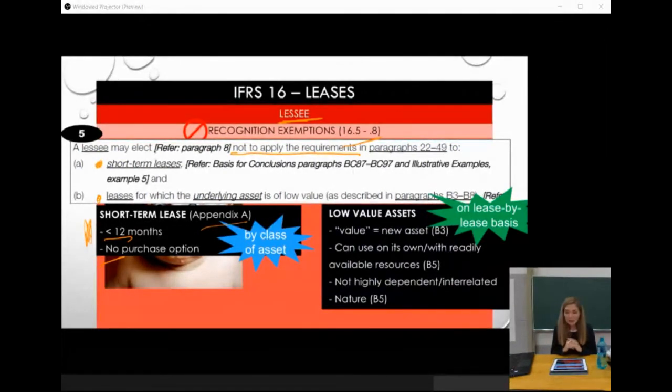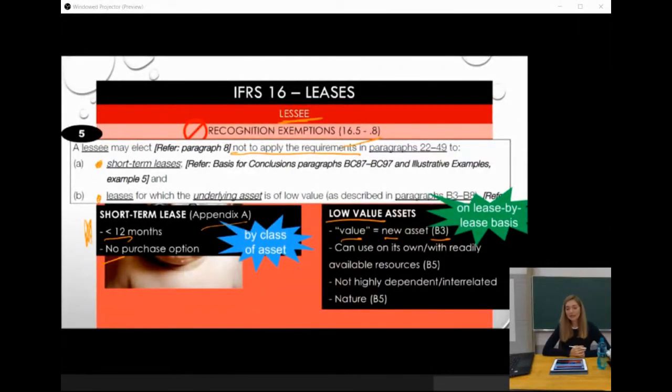Good. And the same goes for a low value asset. We find the guidance there in the B paragraphs. In order to determine whether an asset is a low value asset, paragraph B3 says that we determine value by looking at a new asset.